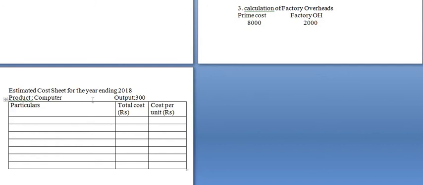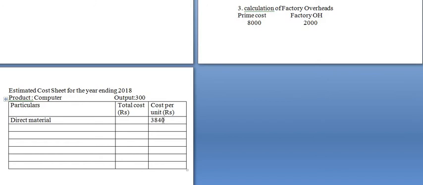Okay, product is computer and output is 300. Again make 3 columns, particulars, total cost and cost per unit. Now here you can write direct material. Okay, now direct material as per first working note, cost per unit is how much? 3,840. Understanding?